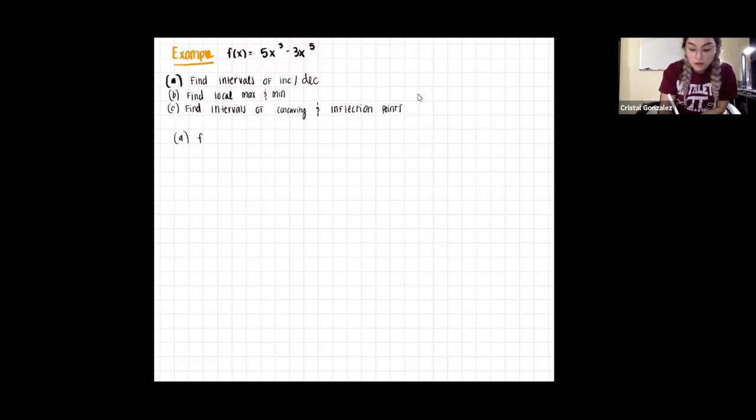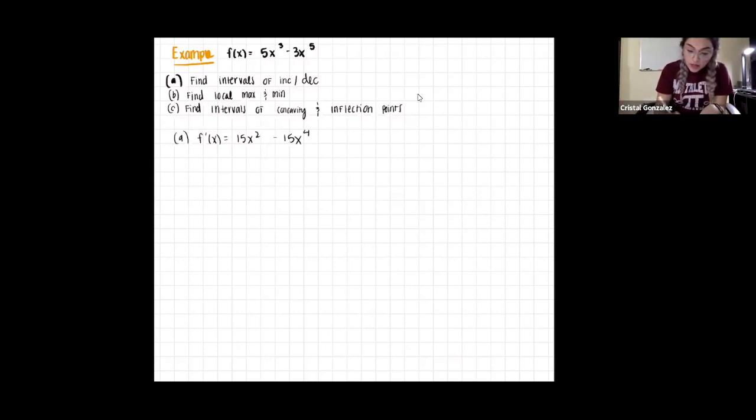So first find the derivative, f prime of x, which is going to be 15x squared minus 15x to the fourth. Okay, and now once we have that, we can find our critical values so that we can split the interval into parts, because remember that our critical values tend to split our intervals from increasing to decreasing.